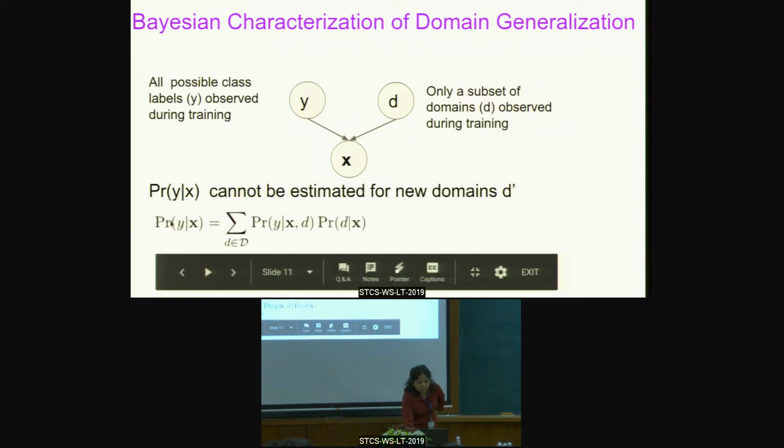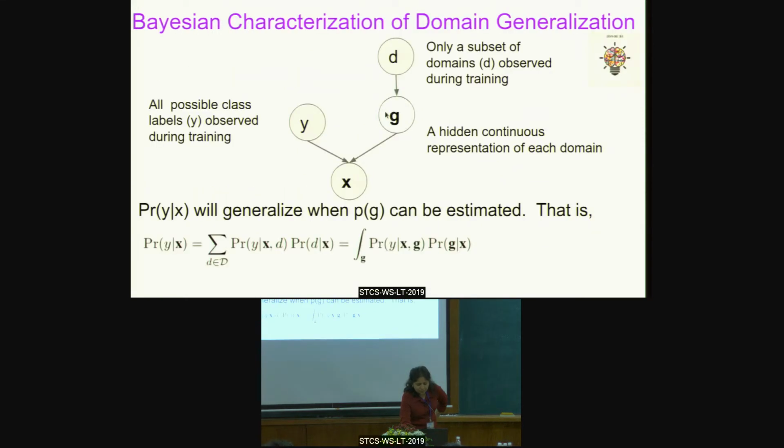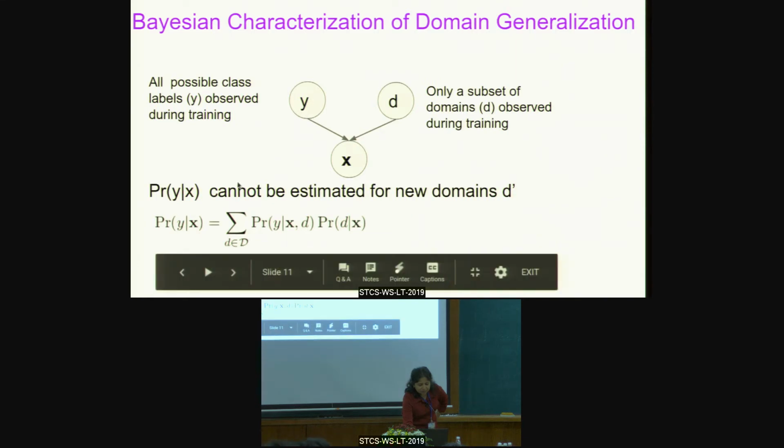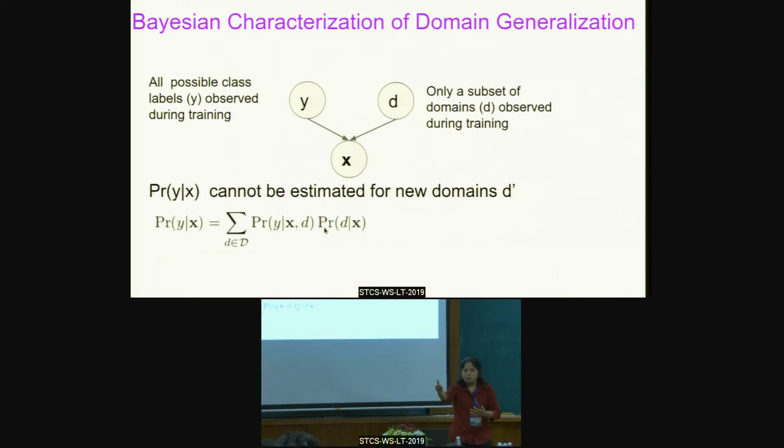Essentially, I am interested in estimating probability of Y given X, and because D is discrete, I would have to sum over each distinct value of D. This is a discrete summation problem. And if I do not observe all members of my domains, then I cannot do this aggregation. So how can I even generalize? Because in order to define a well-formed learning problem, probability Y given X has to be estimated well, and that is not possible. So how can we even generalize?